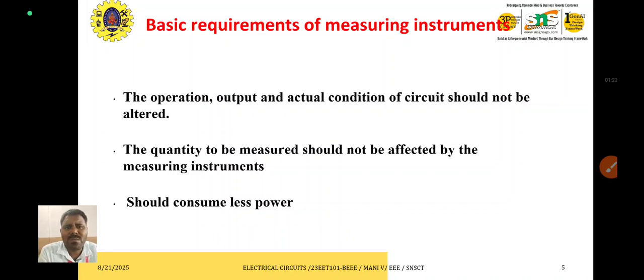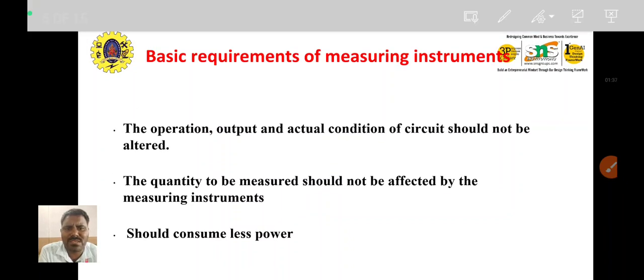Also, the measuring instrument should consume only little power. So these are the basic requirements: the original circuit should not be altered, the quantity to be measured should always remain the same and not be affected, and the power consumption should also be low.